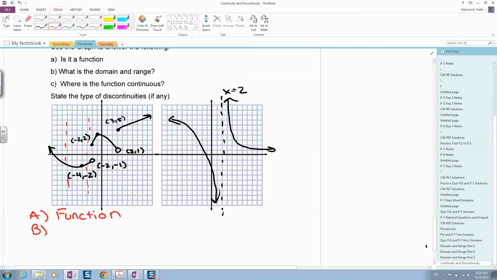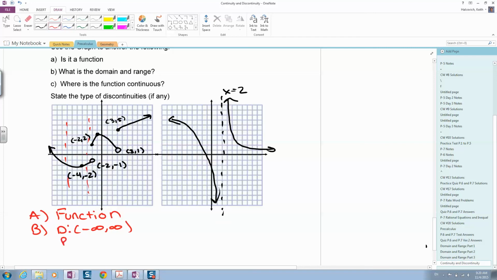Then it wants to know domain and range. Well, notice you go from negative infinity, and then notice there's an open circle here, but this dot fills it in on the x. Notice that's x. You keep going. There's an open circle here, but the dot fills it in, so it keeps going. So basically, the domain is all real numbers.